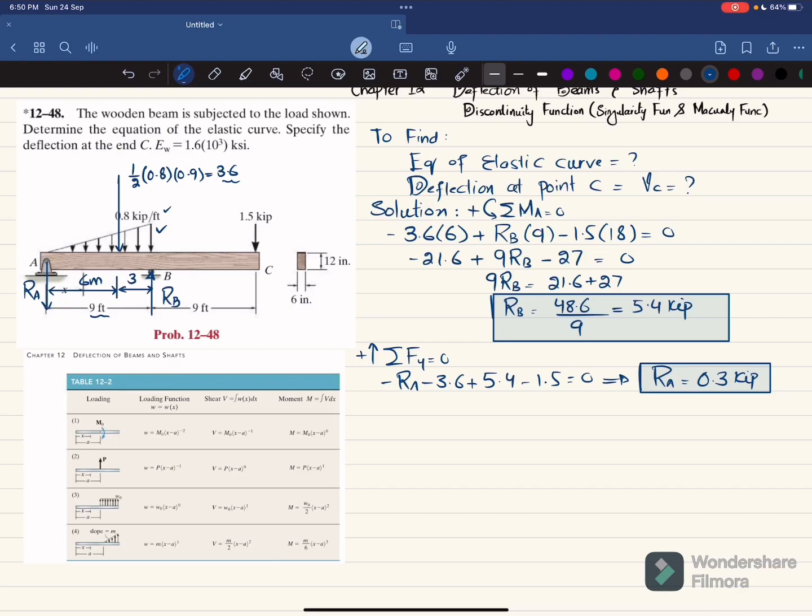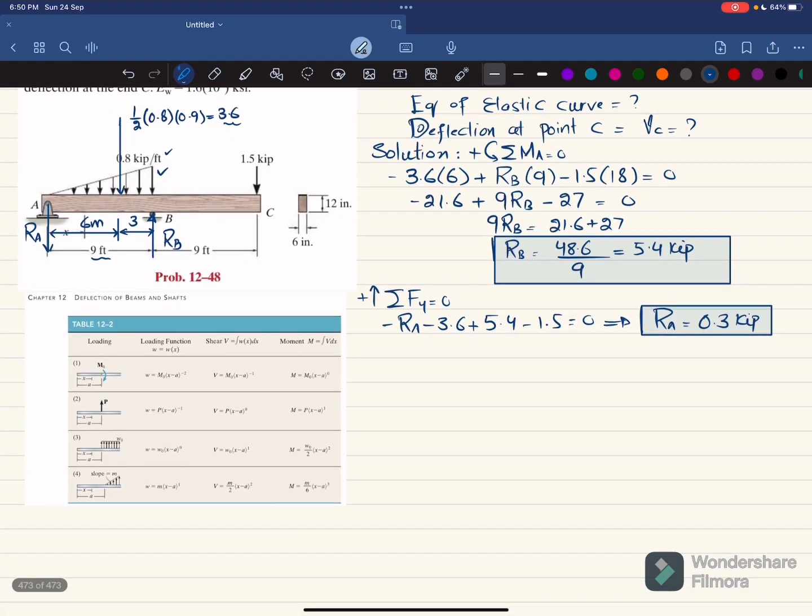Now we are interested to find the equation of elastic curve, which can be obtained by using this formula: EI into d squared V over dx squared is equal to moment, and this moment can be obtained by using Macaulay's method.